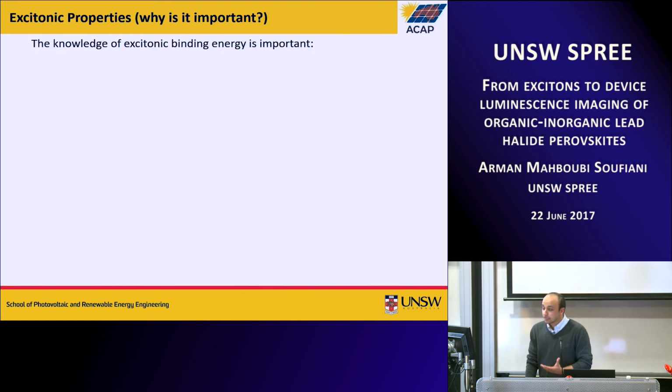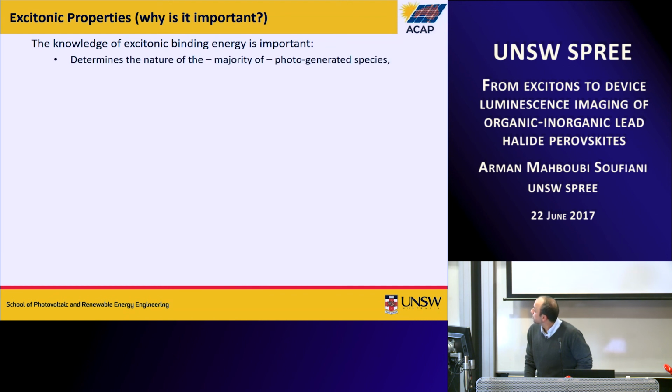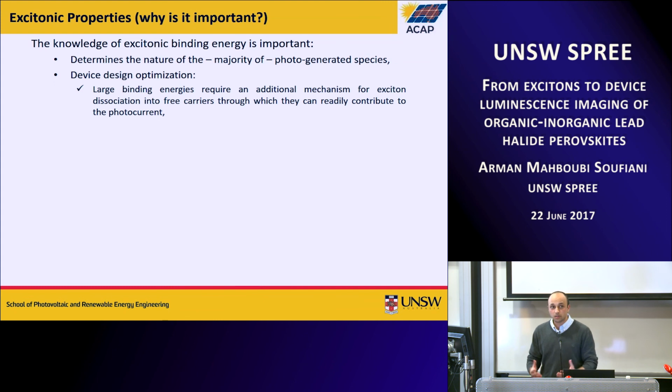Okay, why are excitonic binding energy and reduced mass important? The knowledge of exciton binding energy can tell us about the majority of the photogenerated carriers, whether they are free carriers or excitons. Do we need to modify the design of the device so we can separate the excitons, such as what we do in OPV, for instance bulk heterojunction, where one reason is to separate the excitons quickly?